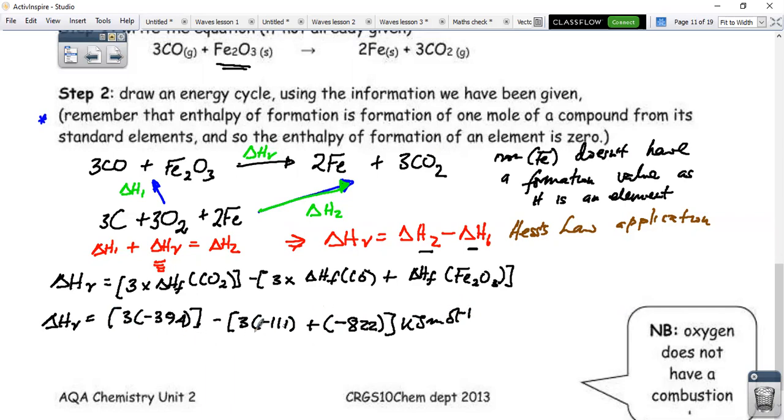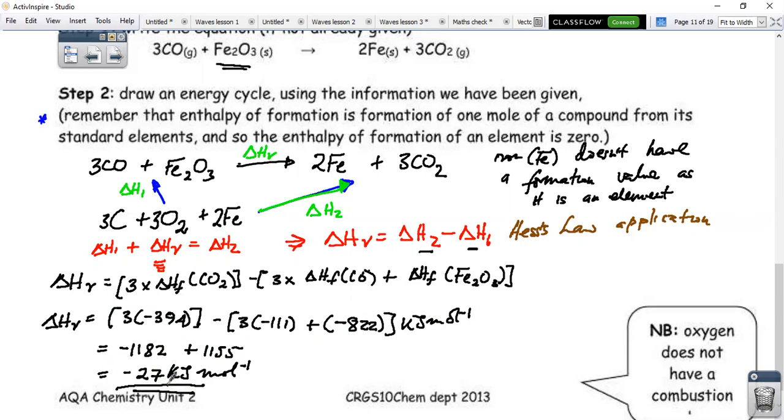So if I compute all these numbers together, I get minus 1182 plus 1155. Yeah, and this gives me minus 27 kilojoules per mole. Okay, yeah, and that's how we do it.